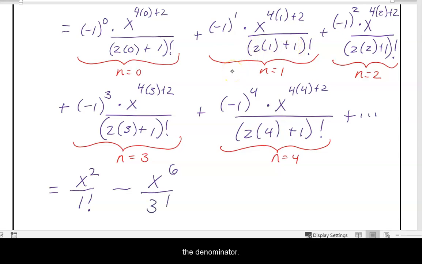The following term has -1 squared, so it is beginning to alternate. The power on x will be 4 times 2 plus 2, which will give me x to the 10th. The denominator inside the factorial will give me 2 times 2 plus 1, which is 5 factorial.